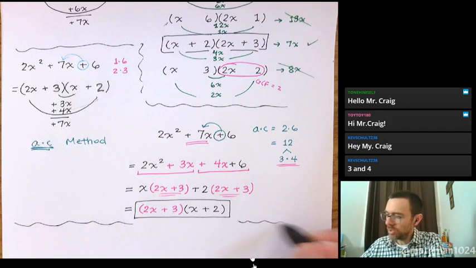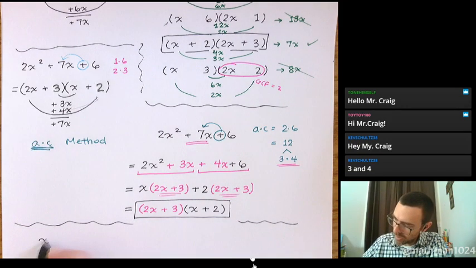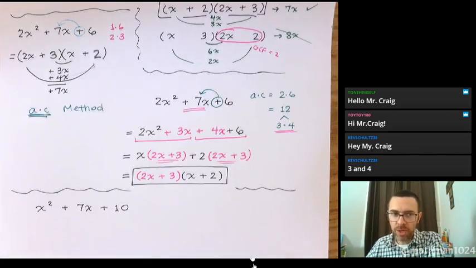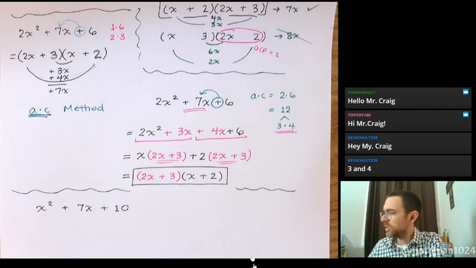So even though we could do factoring by grouping on a problem like this, if I take x squared plus 7x plus 10, you could do factoring by grouping on it, but it ends up being very, very unnecessary.